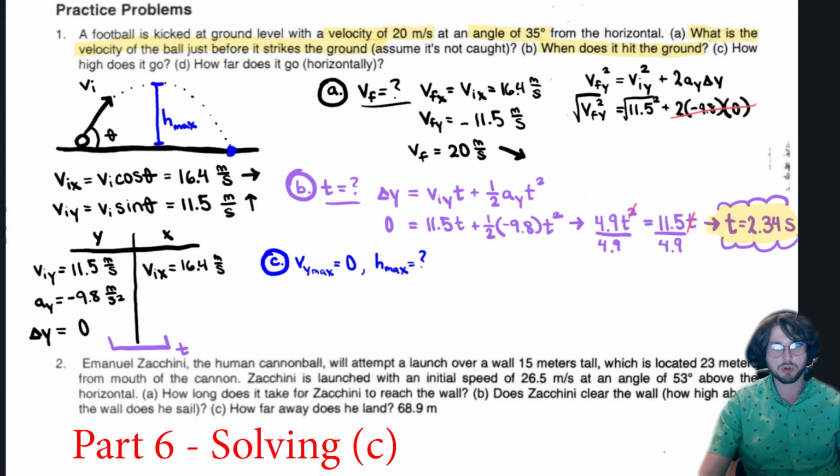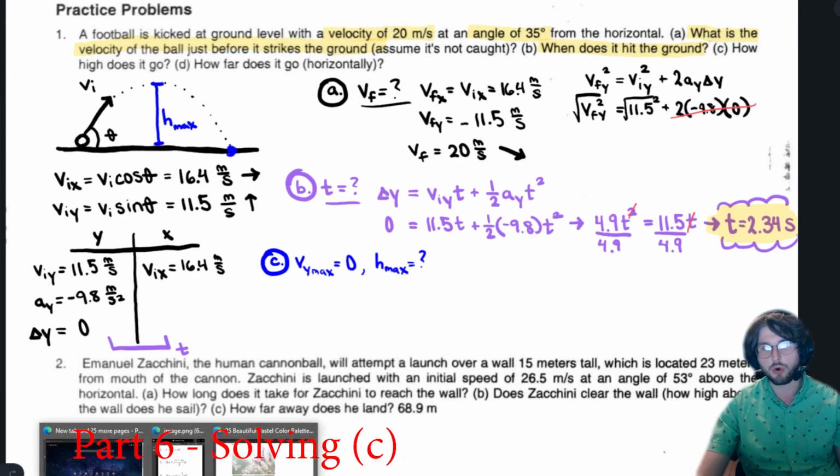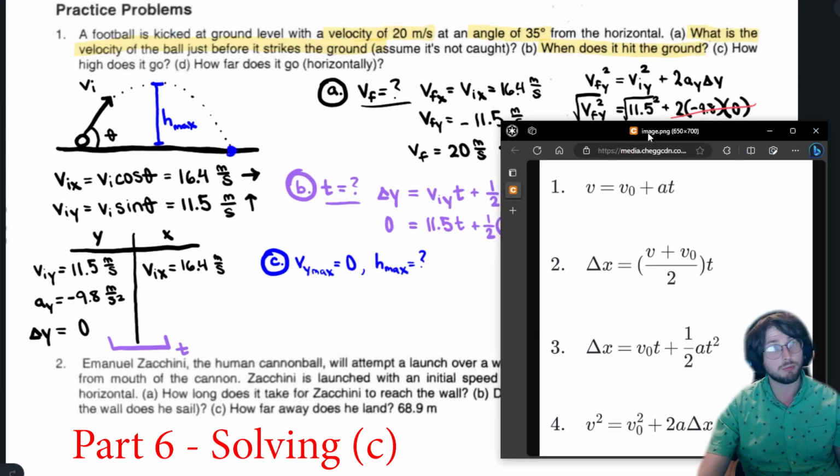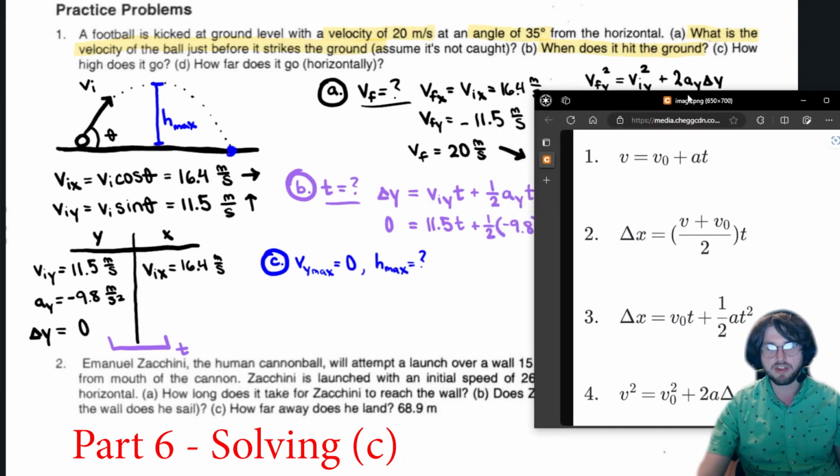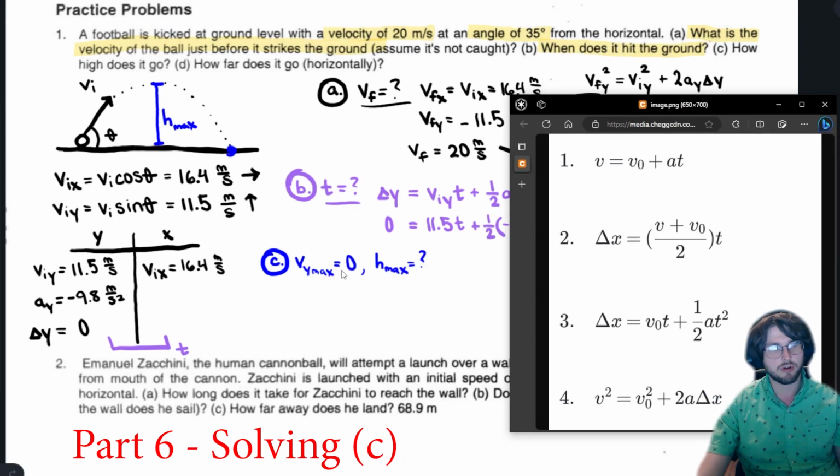So if we do that, we're looking for something that doesn't contain time in this case, because we don't really know totally exactly when it reaches that point, unless you maybe consider symmetry. So in this case, we're looking for something that has final velocity, acceleration, initial velocity, and displacement. So again, it's looking like number 4 is going to be the way to go here.